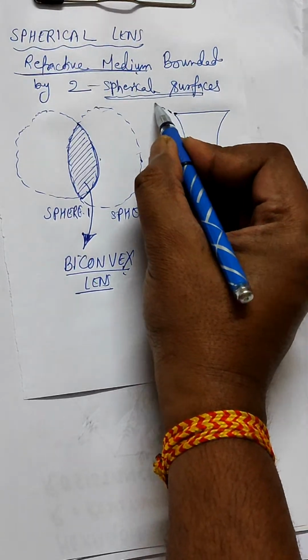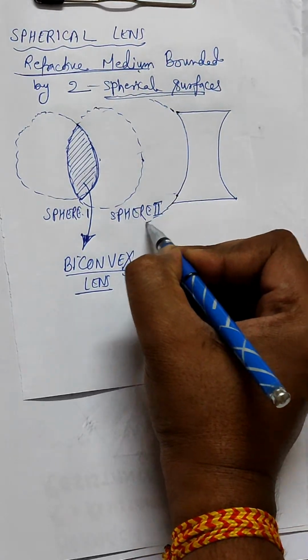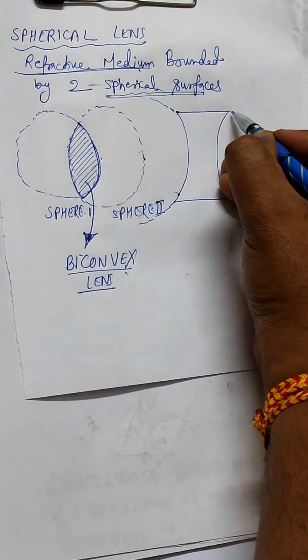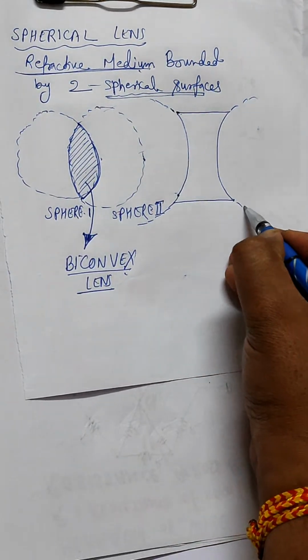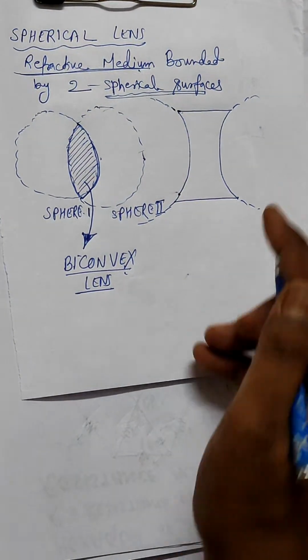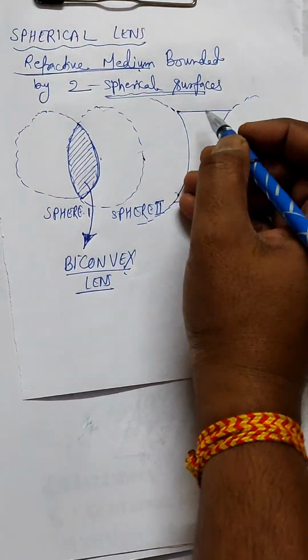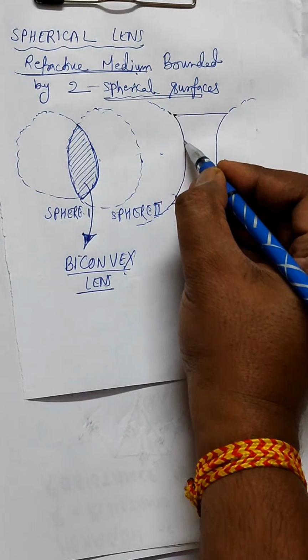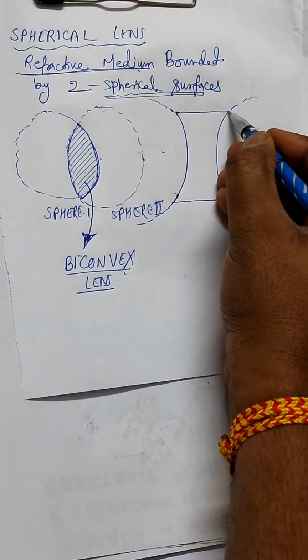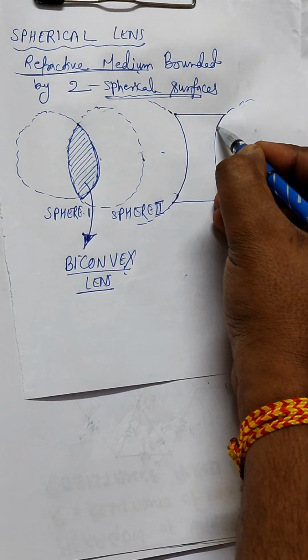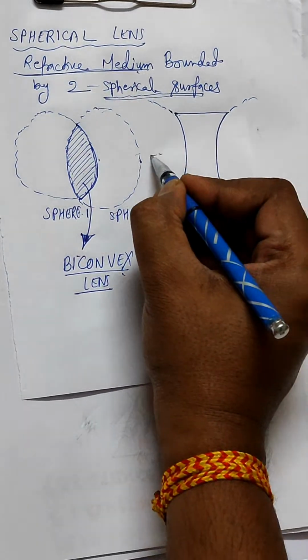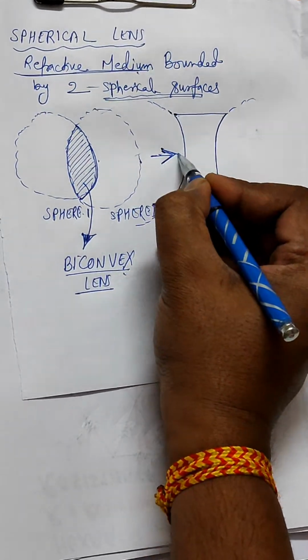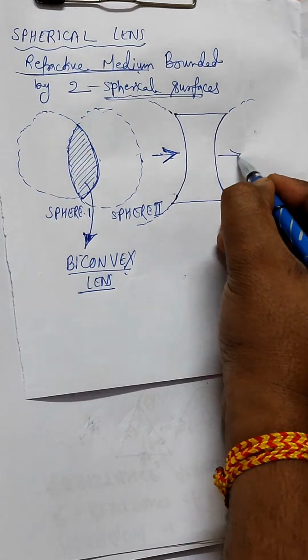You can see this is also a part of a sphere, and this is also a part of the sphere, right? So you take this section of this, and this is the surface of incidence, and this is the surface of emergence.